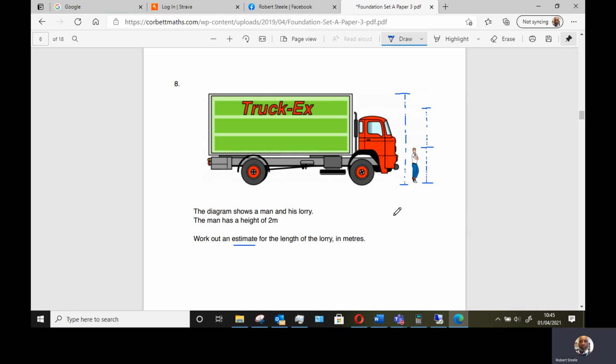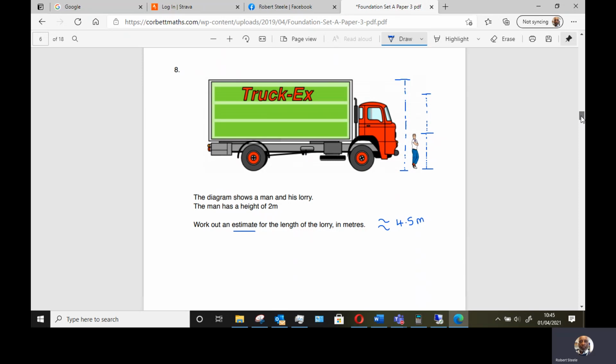So for me, as I'm demonstrating this and I can't put a ruler on the screen, that's looking like about 4.5 meters. But if you do it as I suggested with a ruler, you should be able to tie that down quite closely.